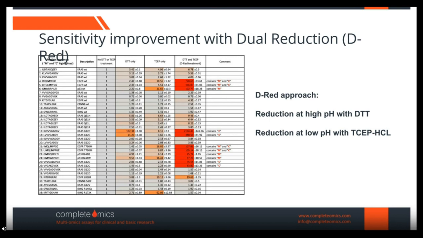Through this procedure, we can see a significant boost in peptide abundance after treatment with DTT and TCEP. I highlighted several of the dramatic values. Those are the fold change data showing the amount that we can gain after the DRED dual reduction treatment.